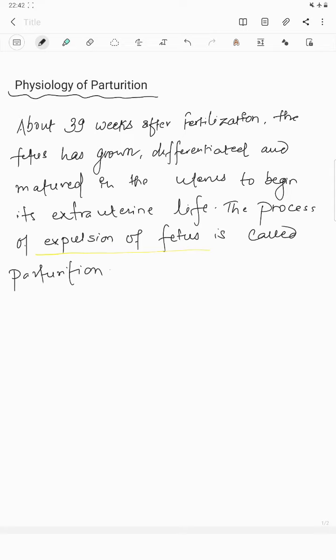So what are the factors that play a role in parturition?